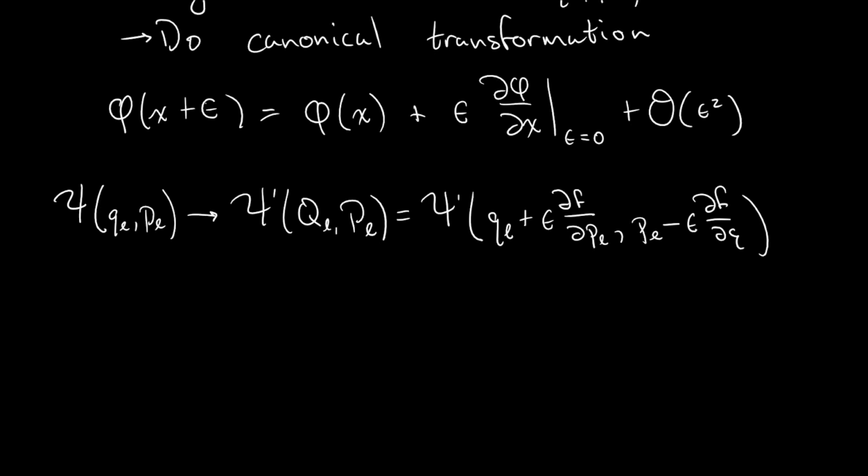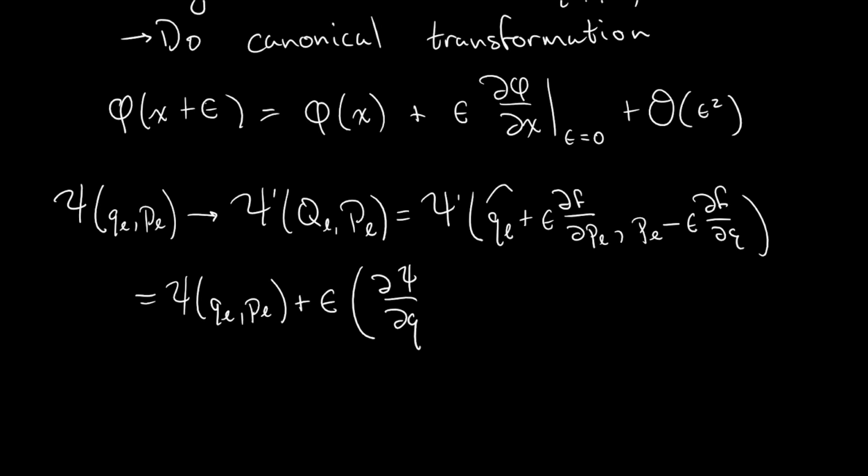Now I just do this expansion to first order in epsilon, and I get that this is equal to our original function, psi of q sub l, p sub l, plus my first order in epsilon term. So this is d psi dq, because I'm taking the derivative of this part first, and then the piece proportional to epsilon, which is df dp, and I should be summing over my indices.